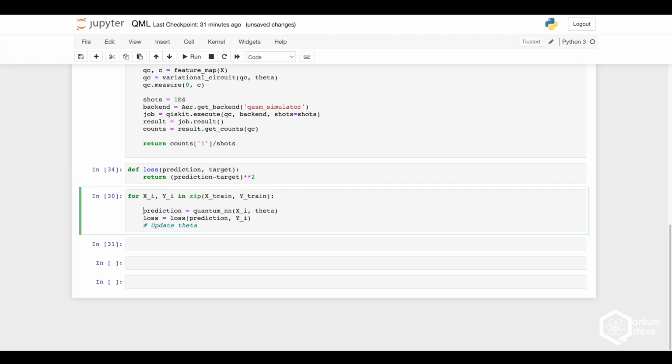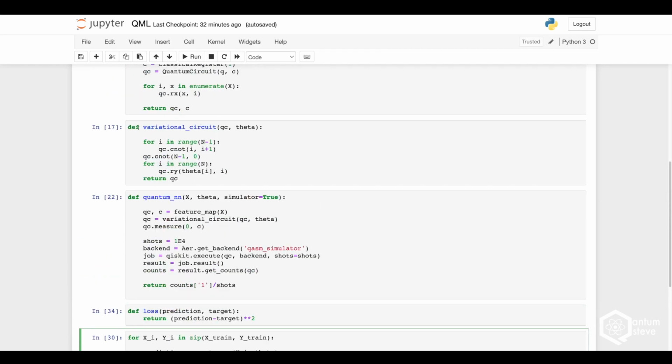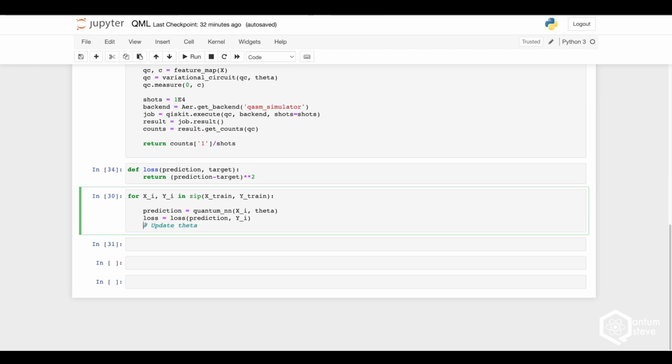And for every training data example, we're gonna get the prediction of our quantum neural network. We will then plug this into our loss function, which tells us how far our prediction is away from the true value. And then we're gonna be using this information to update the thetas, so our variational parameters in the variational circuit here.